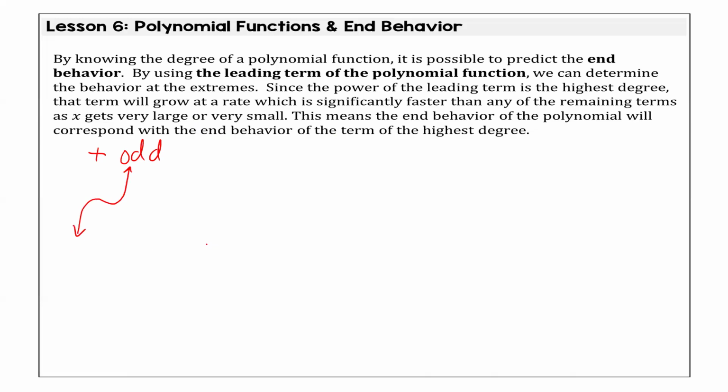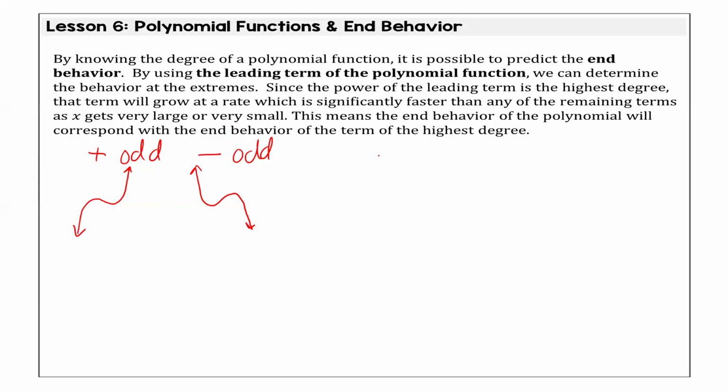And then if I have a negative odd, I'm still staying alive, but this time my left hand goes up and my right hand is going down. Yes? Okay, so positive leading coefficient, odd degree. Negative leading coefficient, odd degree.